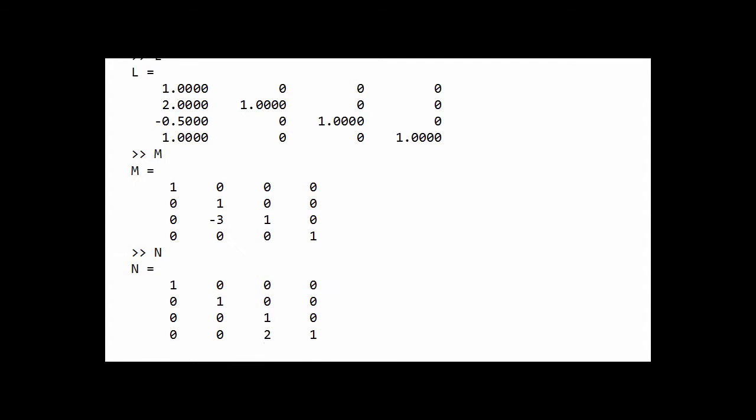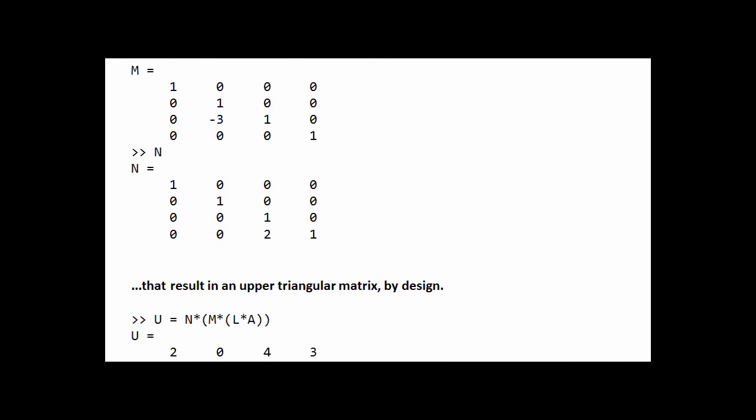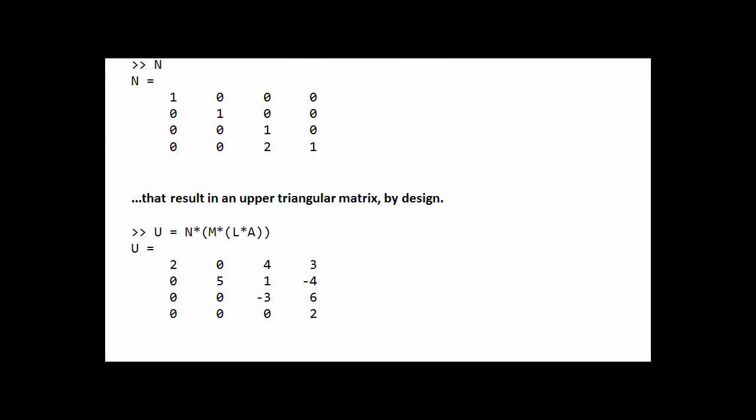And then we multiply by N to put a zero in the third column. And what was left was upper triangular. That was the whole point of doing the Gaussian elimination, to end up with an upper triangular system. So we first apply L on the left, right? We're doing row operations, so we multiply on the left, then M, then N. And the result must be U.